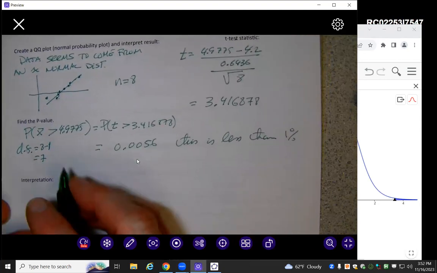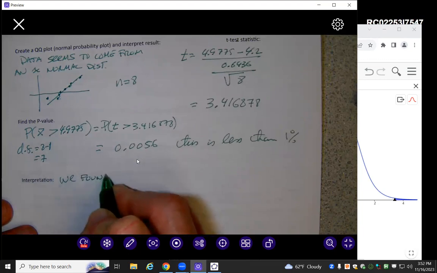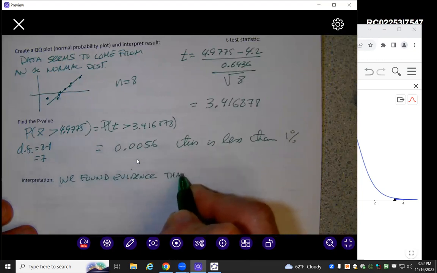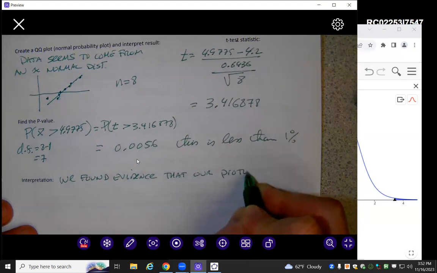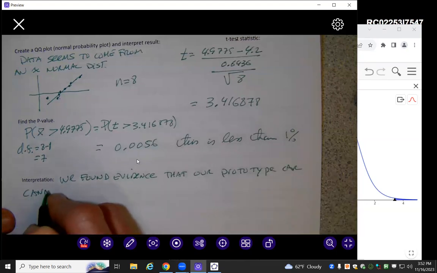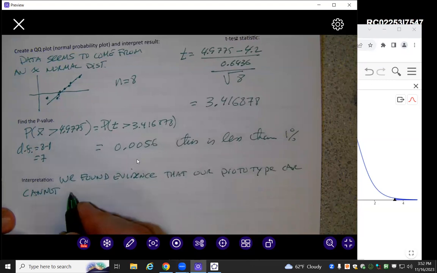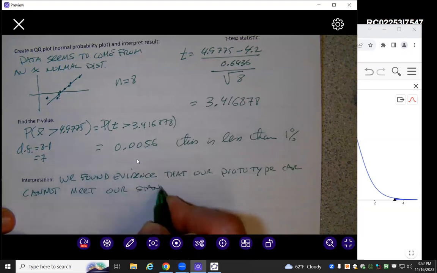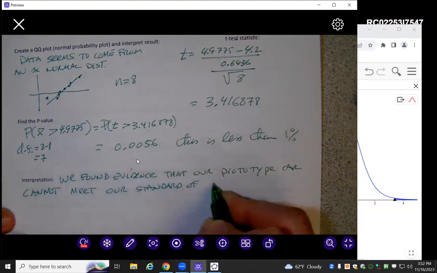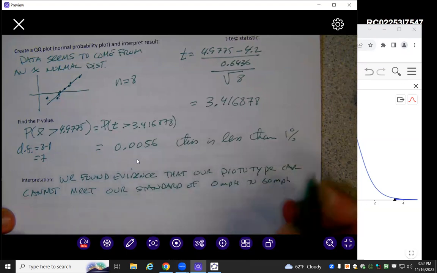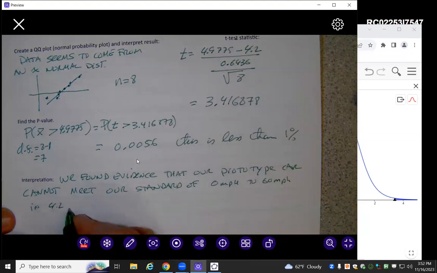So we found evidence that our prototype car cannot meet our standard of 0 miles per hour to 60 miles per hour in 4.2 seconds on average.